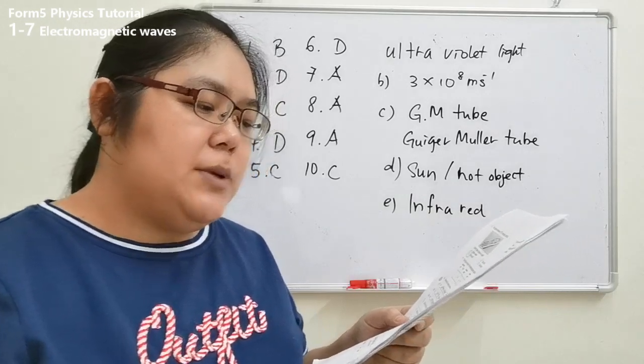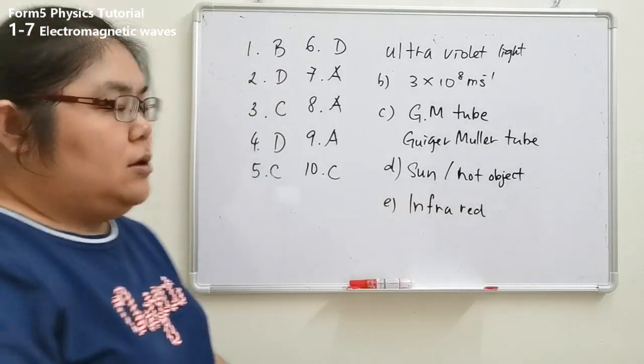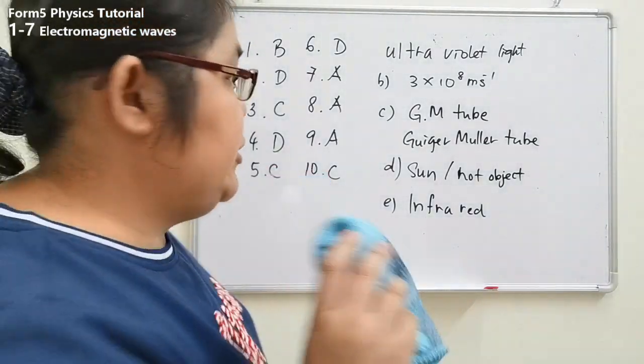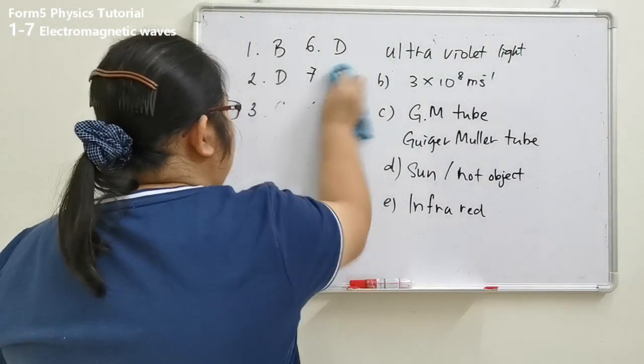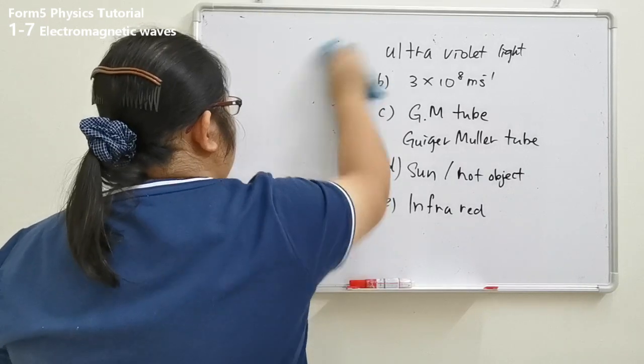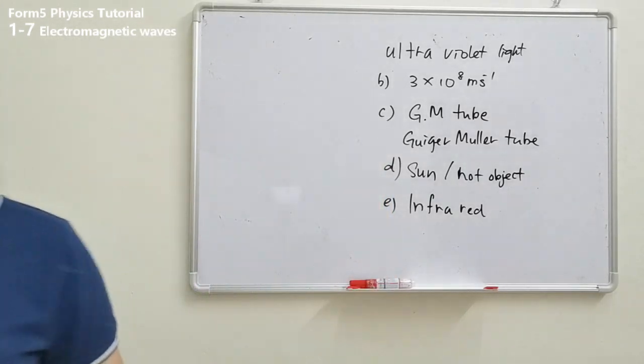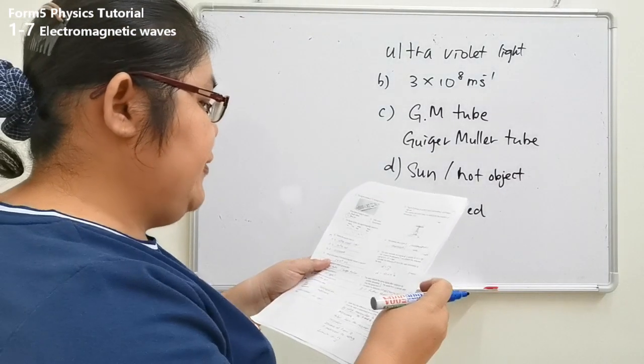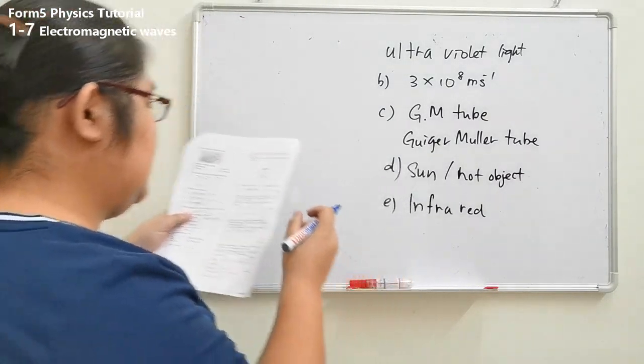Okay, B is calculation. The radar transmitted the signal at the velocity. Okay, so we do calculation. Let's see the information first. Transmitted velocity.